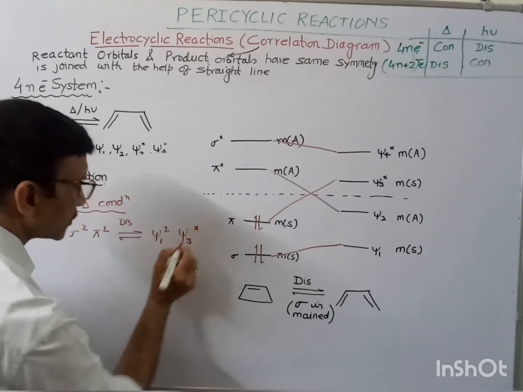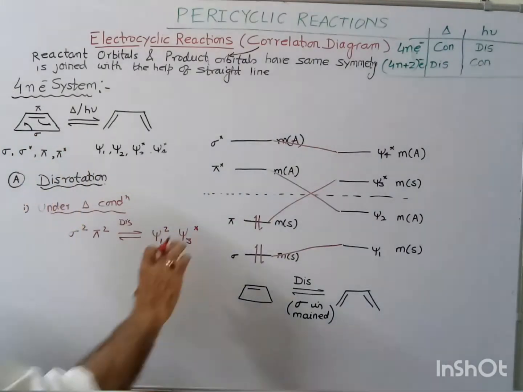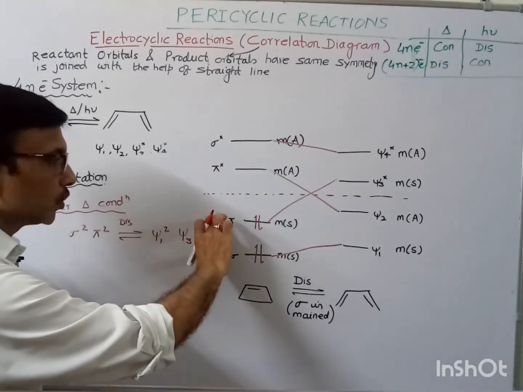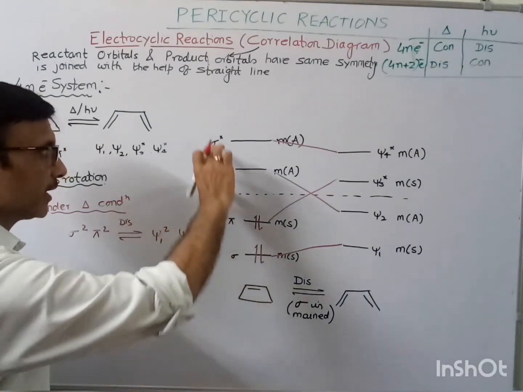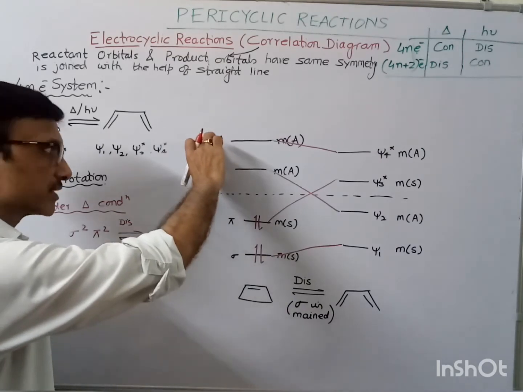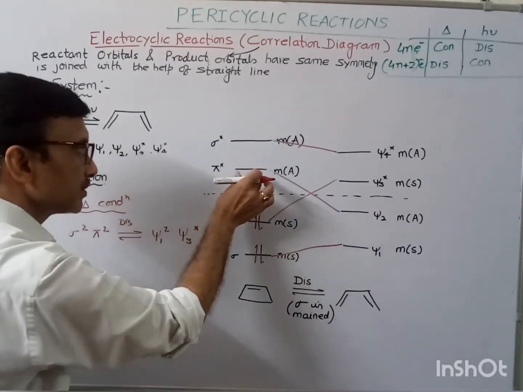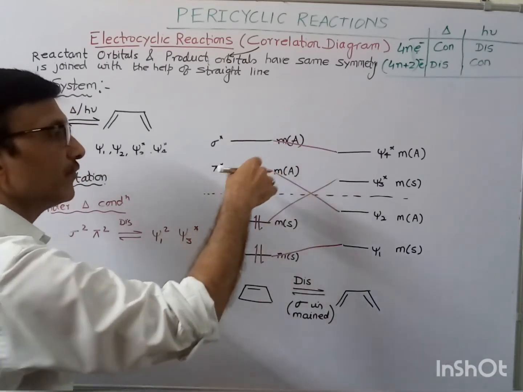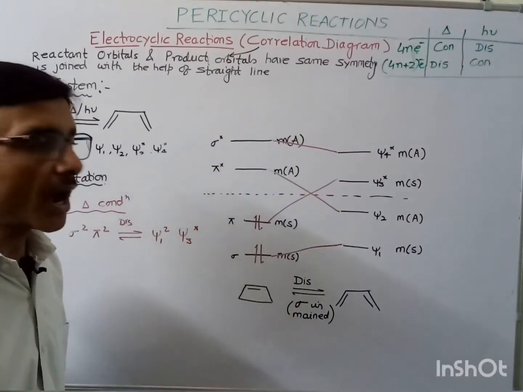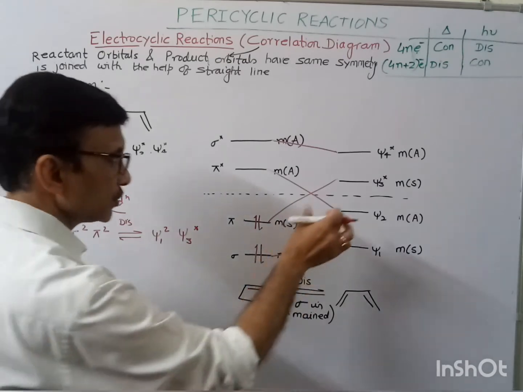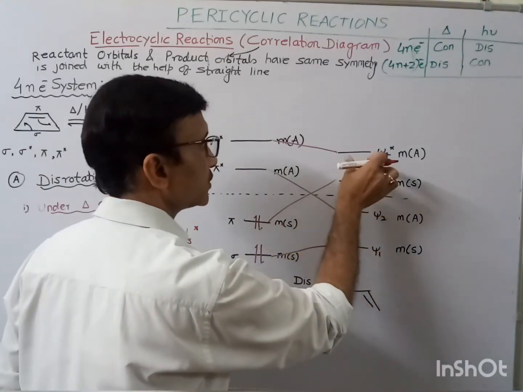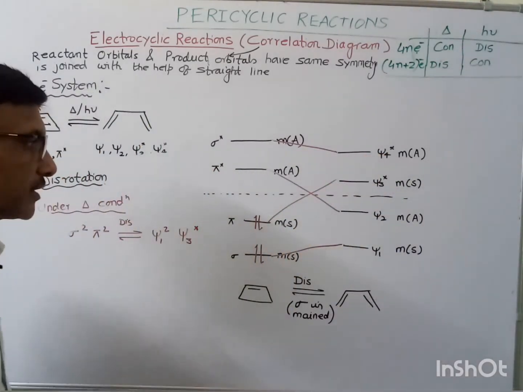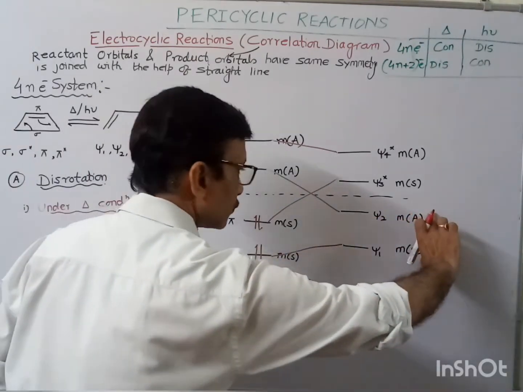Now this is the lower energy ground state and these are the excited states; this is the first excited state, this is the second excited state, which we may also call a higher energy excited state. And these are the ground state.